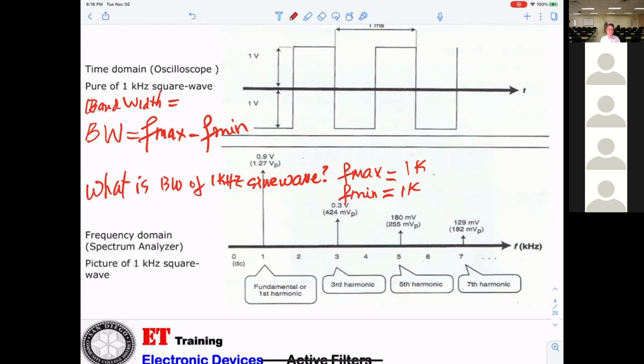So, Mr. Pham, are you saying that if you ask the bandwidth of 1 kilohertz, actually you need to give us two things, not one thing? Then you have to get a maximum frequency and a minimum frequency, and you get a difference. However, on the oscilloscope, they display a 1 kilohertz signal, only 1 kilohertz. You cannot get another one.